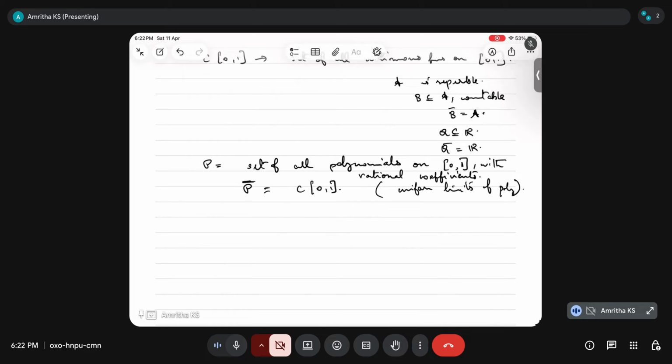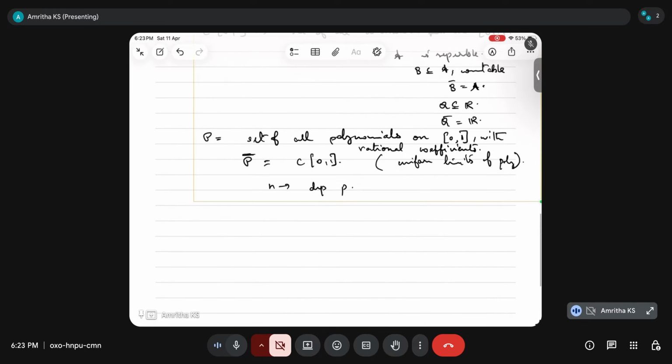Now we will show that this subset of polynomials is countable. To show this, first note that suppose n is the degree of a polynomial p.